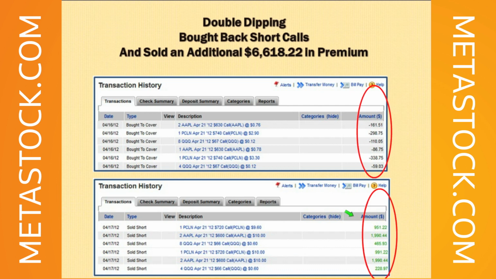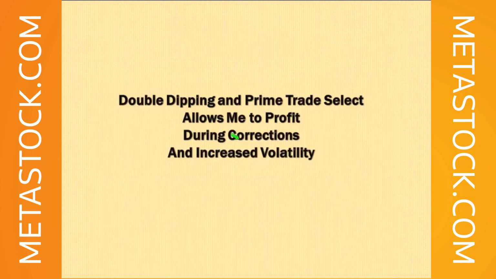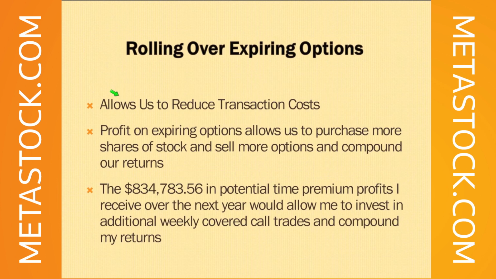But then I collected an additional $6,600 that week. So that was $6,600 plus $16,000, and I was able to do that because I was double dipping and closed out the short calls when they didn't have much premium left. So you can profit even during market corrections with double dipping, and I've even had weeks where I sold three premiums in 1 week.